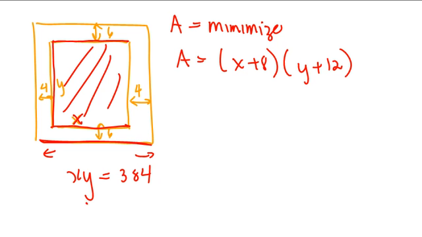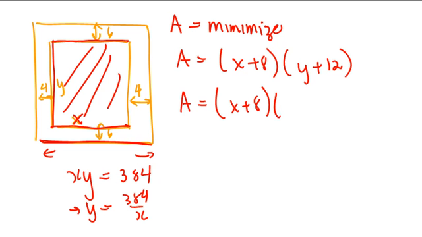I'm going to get rid of the y, isolate the y here and replace it over there. So 384 over x, substituting it into my equation up here, I get x plus 8 times 384 over x plus 12.